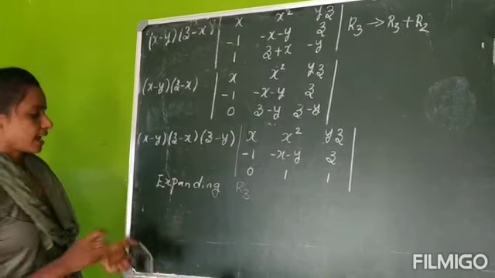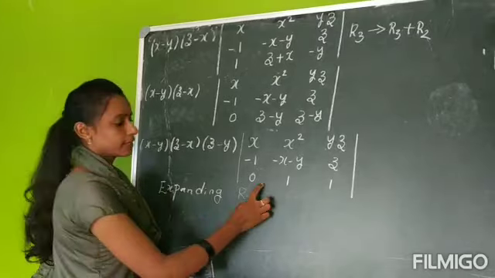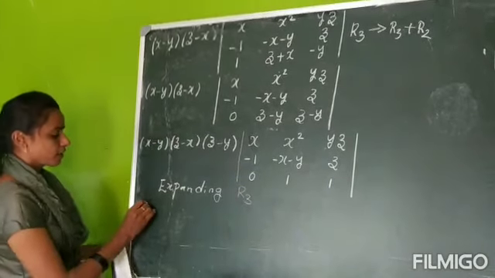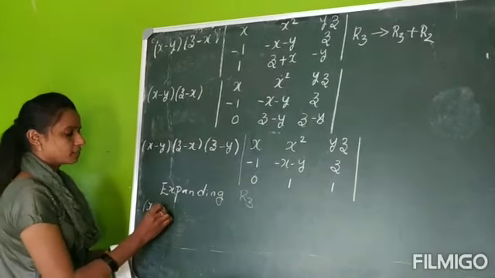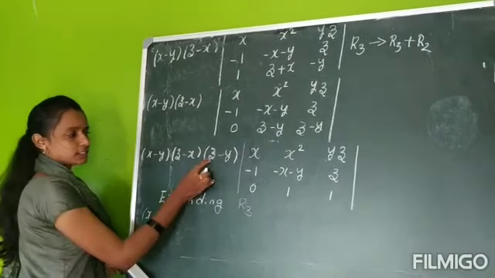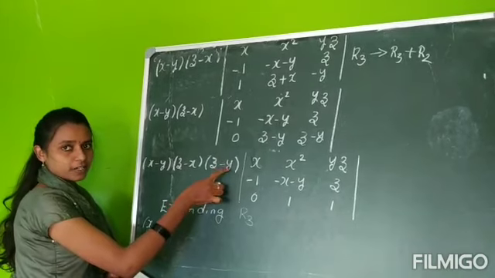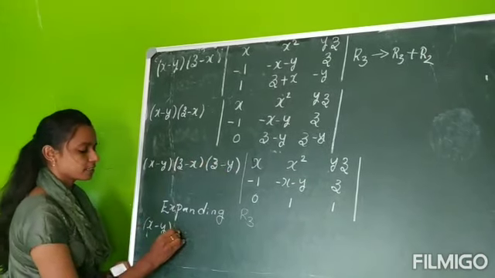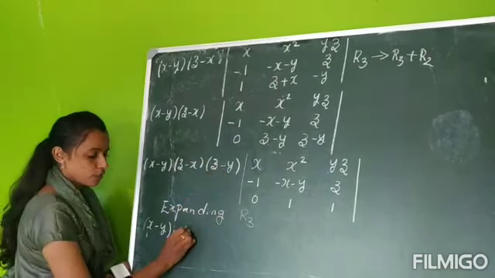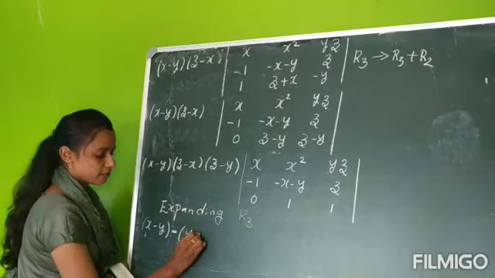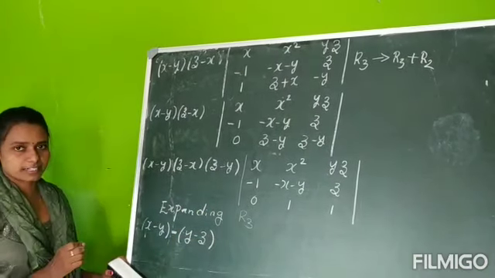For that sake, I am expanding along the third row. So here you can write x minus y. I'll write this as y minus z, but y is negative. If I take a negative as common in this factor, y will be a plus and z will be a minus. Hope this is clear.